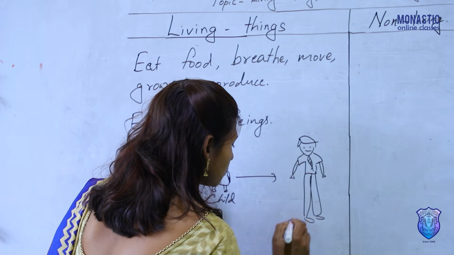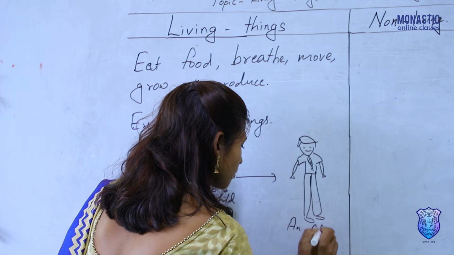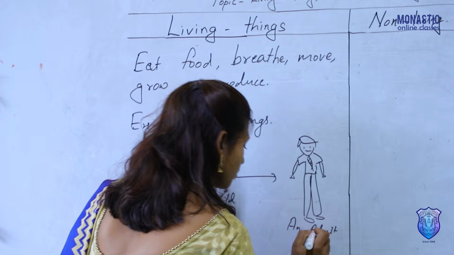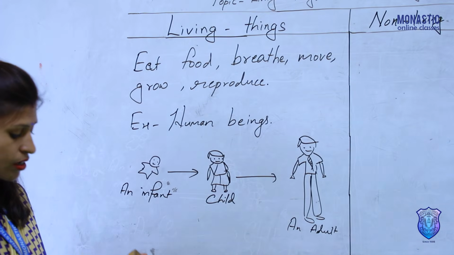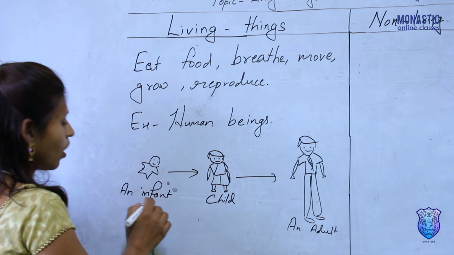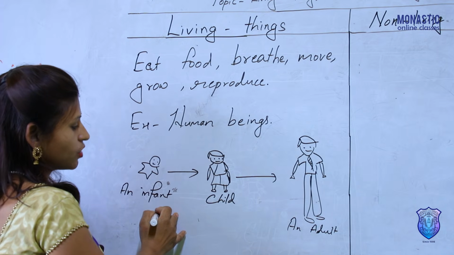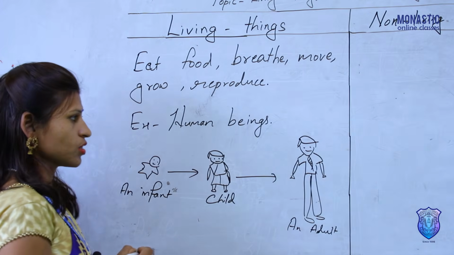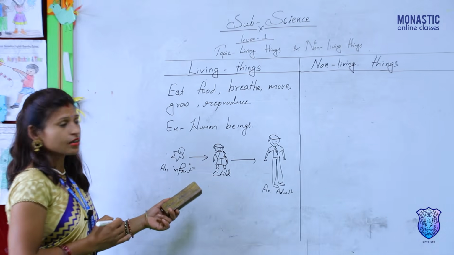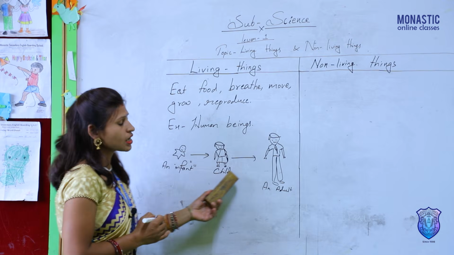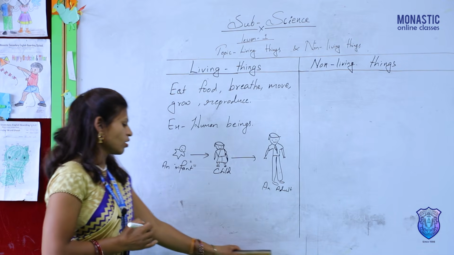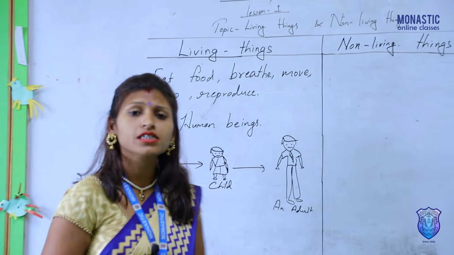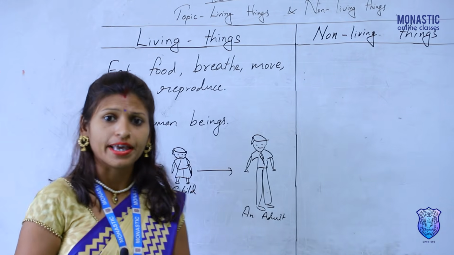Here, an adult person. So in this way, an infant grows into a child, then a child grows into an adult person. So here you can see that moving and growing is going on. In that way, living things can move on their own, like me and you.